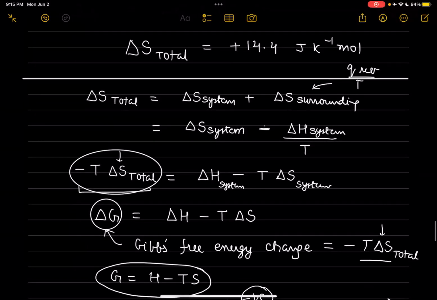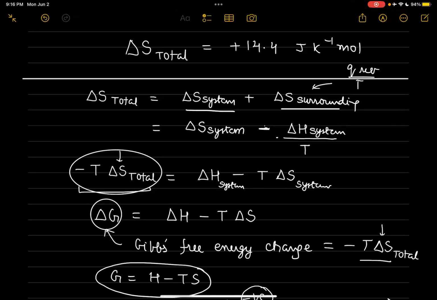So the system is given in the question. Surrounding entropy change can be calculated by knowing how much heat has moved to the surroundings. The heat which has entered the surroundings is the negative of the heat given by the system, because if the system is giving heat, the surroundings are taking heat.